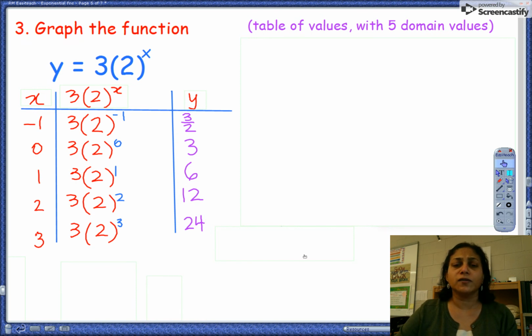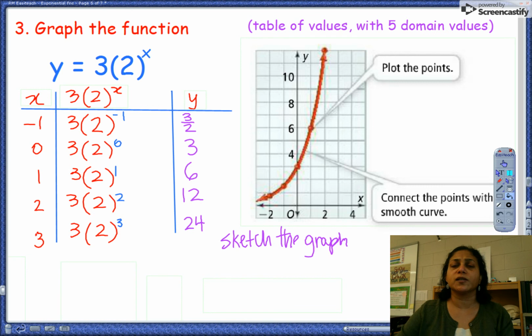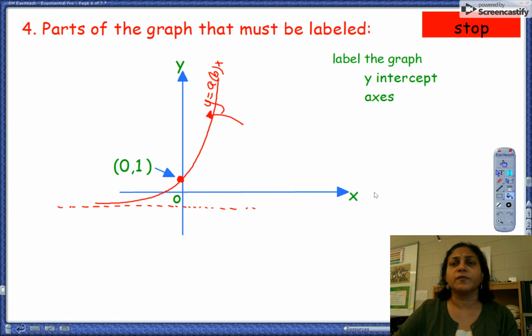And it's okay to sketch the graph. Make sure you sketch it properly so you will ultimately be able to see the shape of the graph, and it will be like a line going directly up, but not a straight line. And make sure you label the graph, you label the y-intercept, and you label the axes.